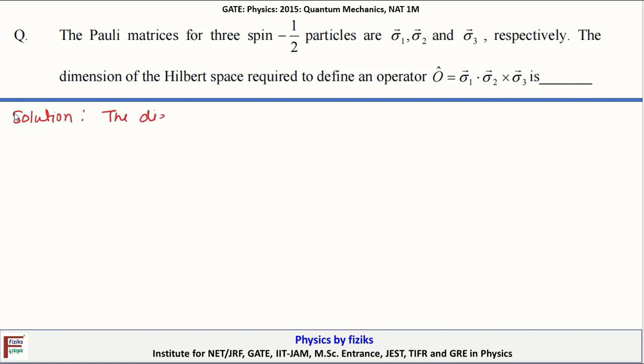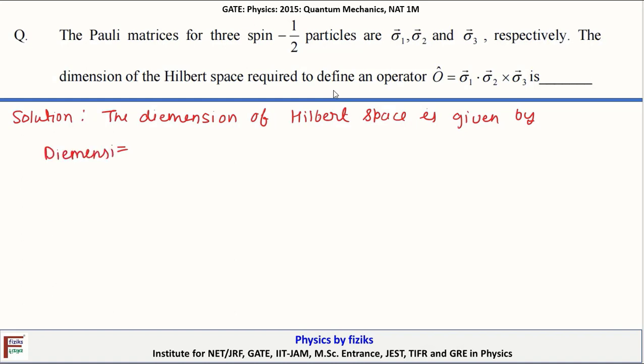The dimension of Hilbert space is given by, since we have three spins, (2s1 plus 1)(2s2 plus 1)(2s3 plus 1).